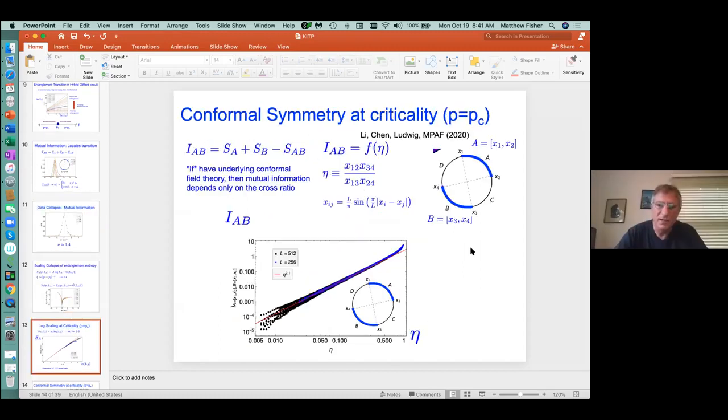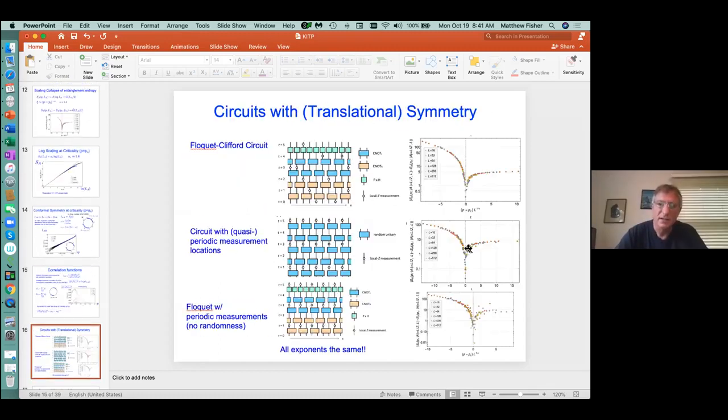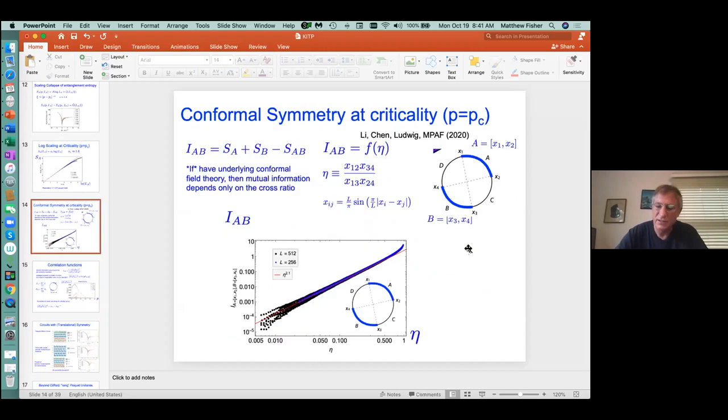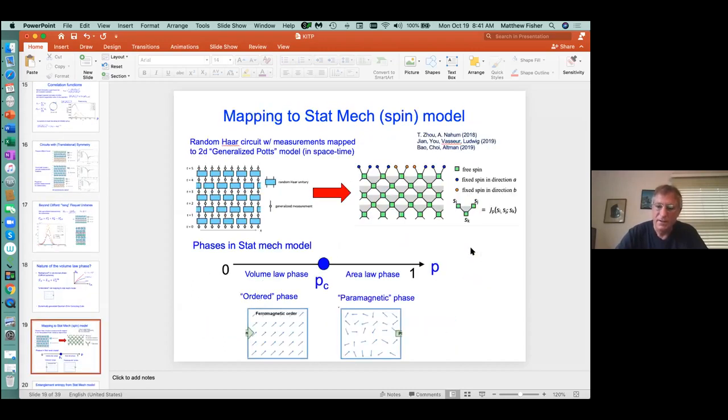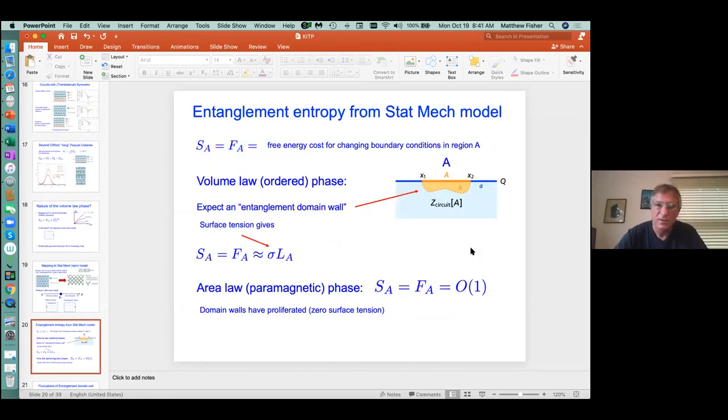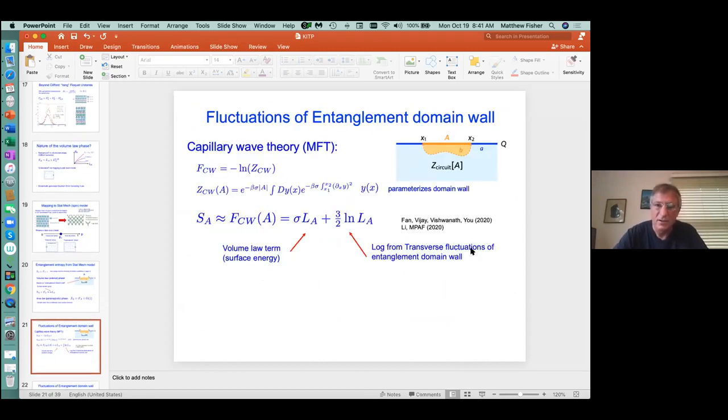Oh, what's the meaning of beta? Well, what's important is the dimensionless surface tension. Did I have beta written in there? I probably did have it. Basically, the effective temperature is determined in this StatMech model by the measurement probability p.